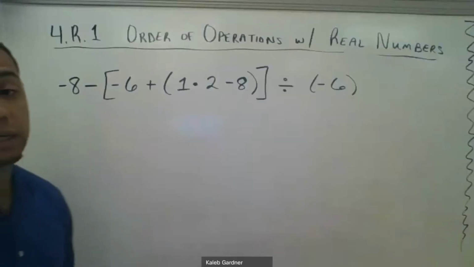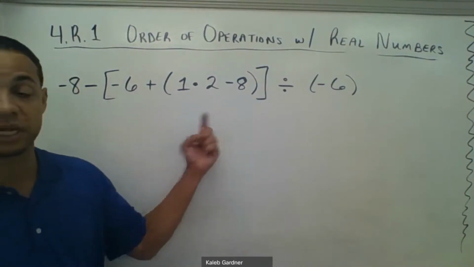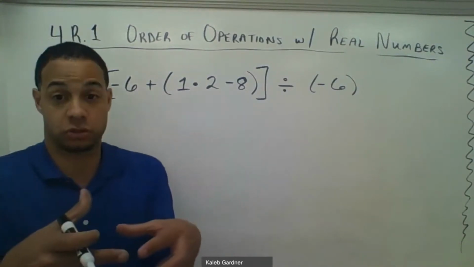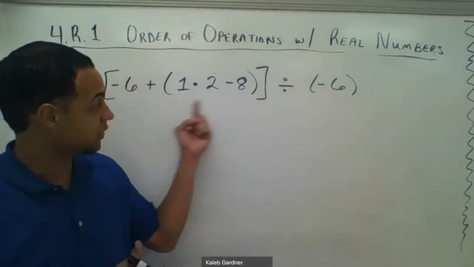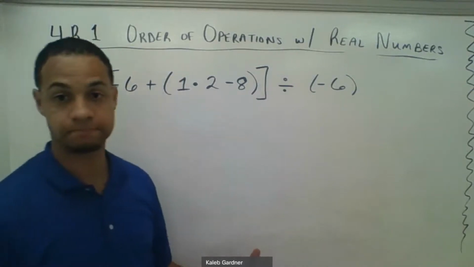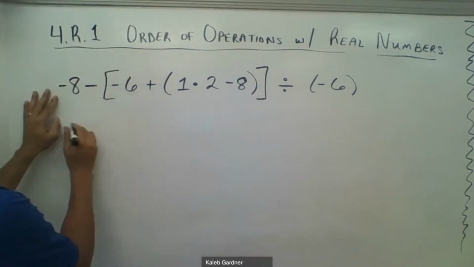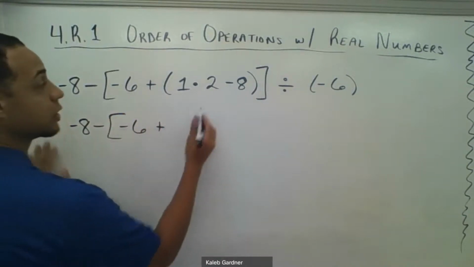All right, so again, this time we got a bracket and parentheses. Do the innermost first. So we're going to deal with this, then spread to this, then go outside. So I'm going to bring these two down. -8 minus bracket, -6 plus what goes on in here?